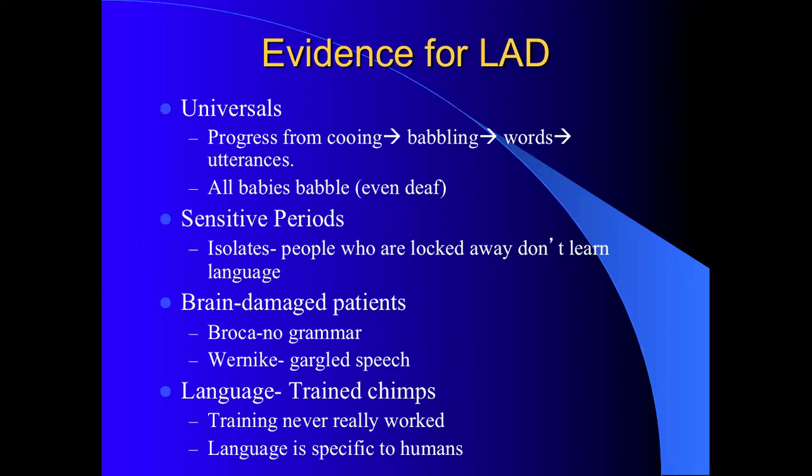And even deaf babies babble. So it's clear that we're wired for speech, right? We also see that there are windows of time which we refer to as sensitive periods where learning is supposed to take place. And if it doesn't take place, it's going to affect the development.